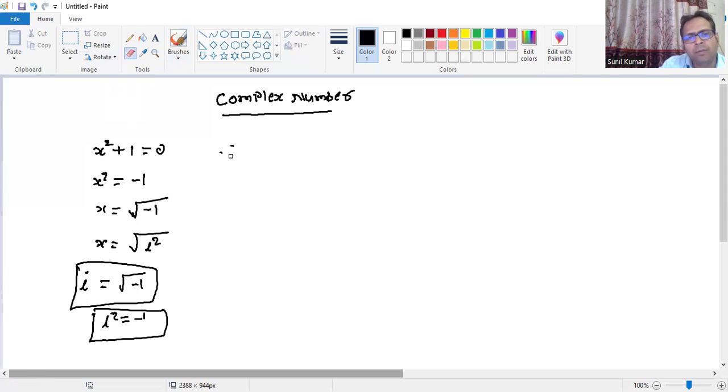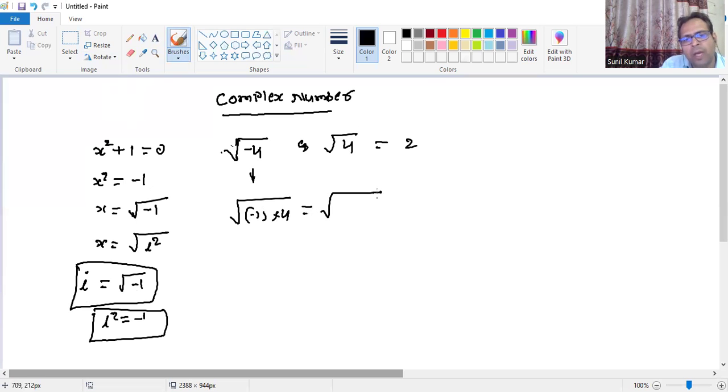Similarly, if you want to find the square root of minus 4, the square root of 4 we can find, it is 2, but here we can't find directly. So again, you can use the same concept. Minus 4 we can write as minus 1 into 4, and for minus 1 we already have i square, iota square, into 4.